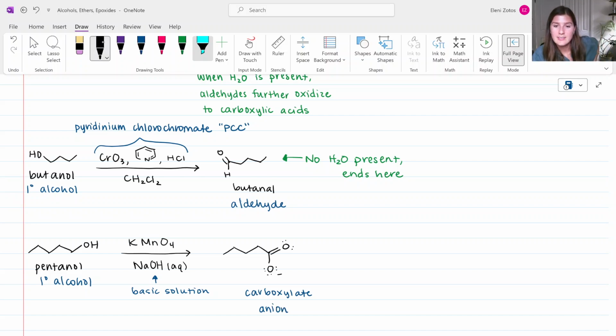And then to end in a neutral carboxylic acid, we have to add an acid to solution to protonate that negatively charged oxygen. So in a second step, we add H3O+ or some acid. And we end with the carboxylic acid.